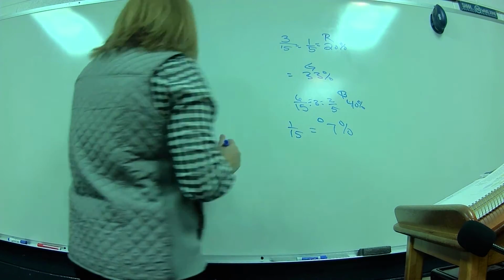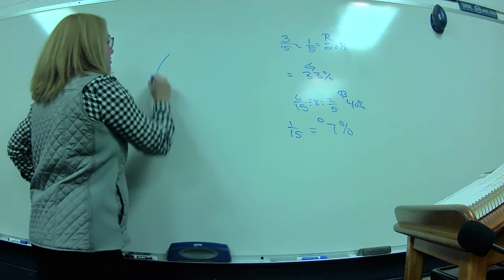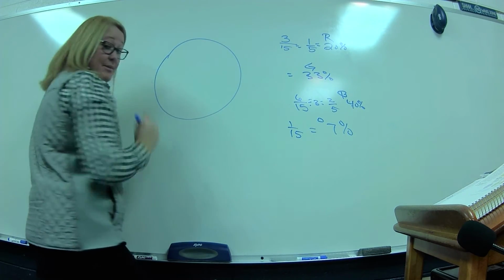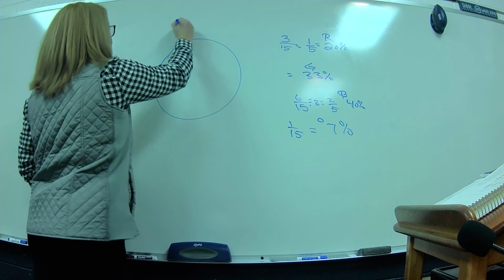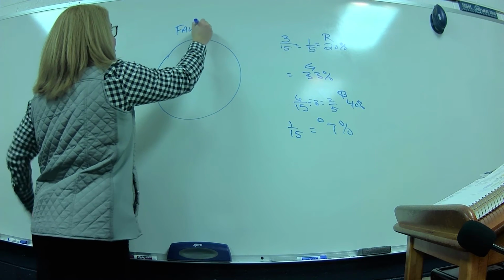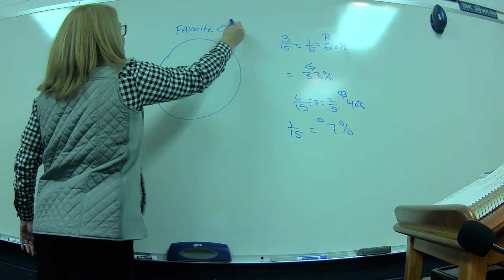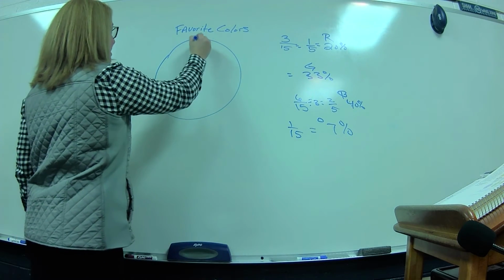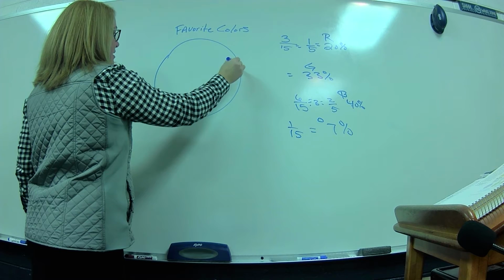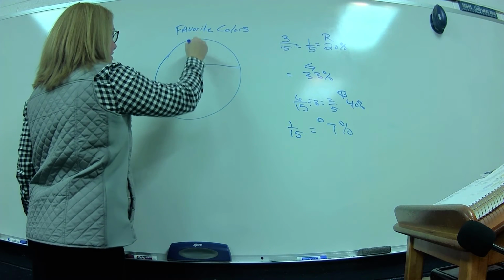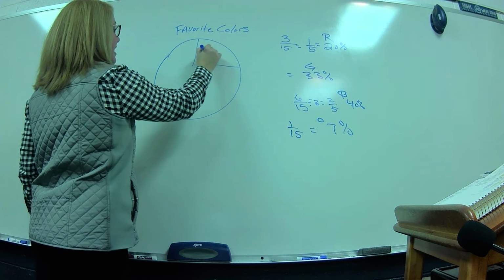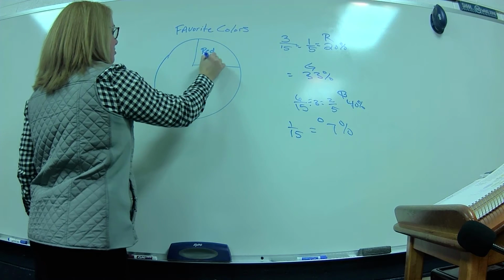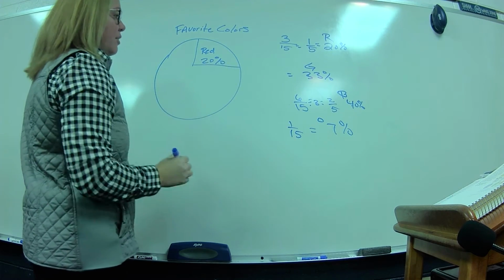Alright, so I'm going to draw a circle graph, it's in the shape of a circle. Alright, so we're going to title it. We have favorite colors. All right, so let's say right now this is going to be red, so 20%.